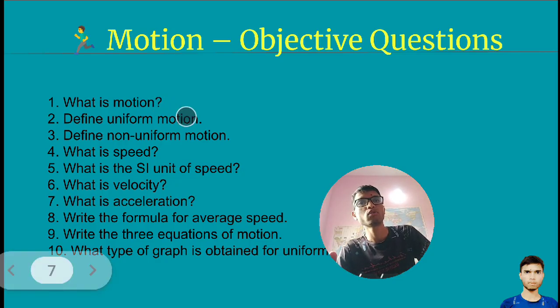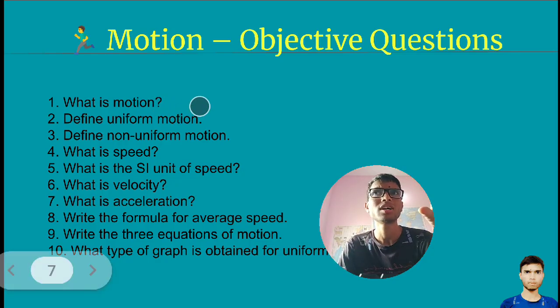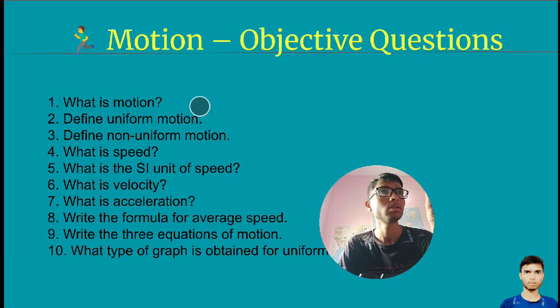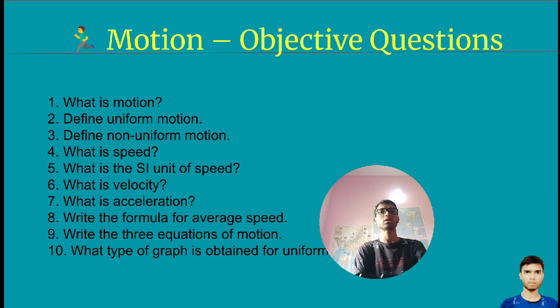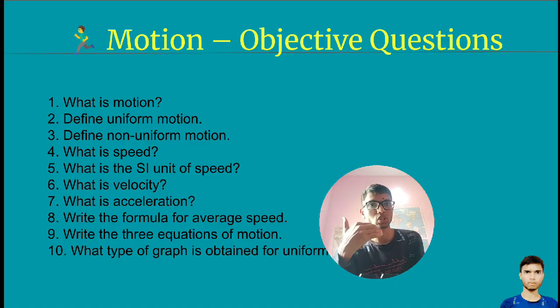Now define uniform motion. An object is moving, covering distance, and the speed of the moving object is fixed or constant or the same. That motion is a uniform motion because the distance is equal, because the time is equal.